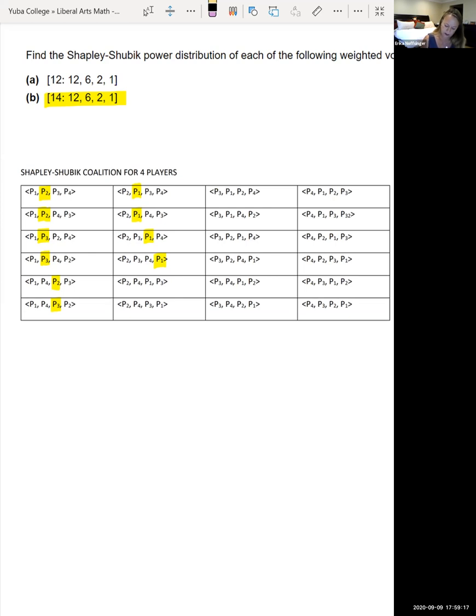Player 2, so that's 6, plus player 4, that's 7, plus player 1, so 7 plus 12, player 1 is needed to make that a winning coalition, so they're pivotal. So 2, 4, and 3: 6 plus 1 is 7, 7 plus 2 is 9, we need player 1. So player 1 is pivotal.